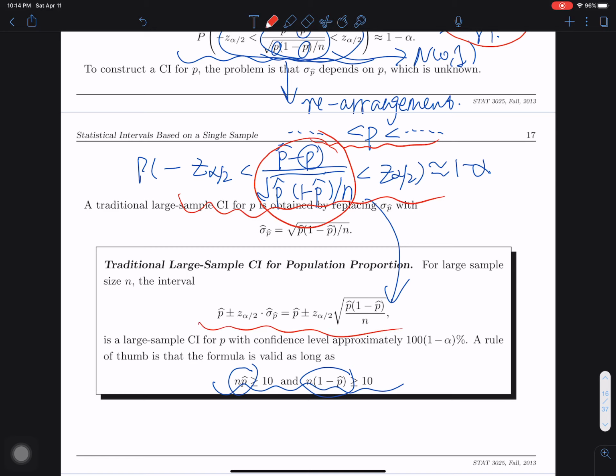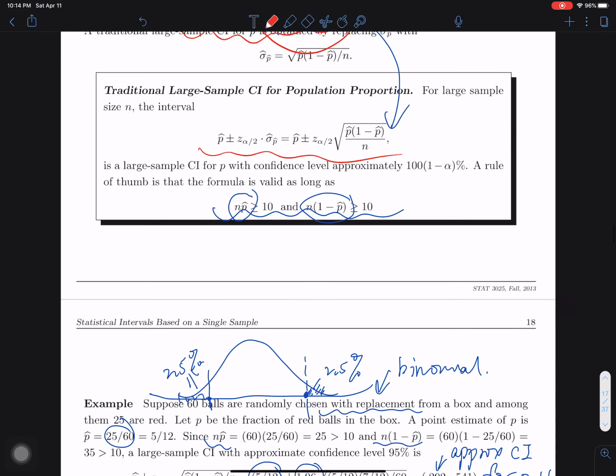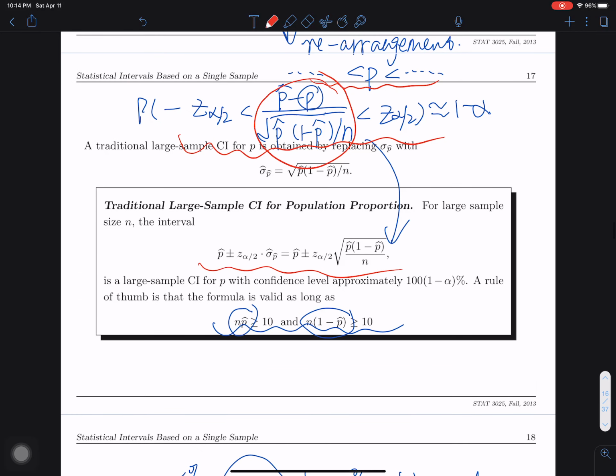So that is to say, the lower bound of the confidence interval for p is p hat minus this quantity, which we call the margin of error. And the upper bound is just p hat plus this margin of error.